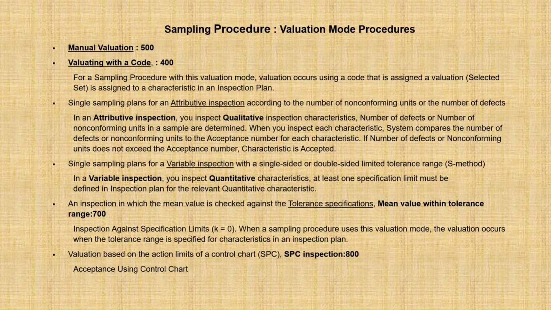There are different valuation procedures which can be used, like the manual valuation, valuation with the codes, or valuation for the SPC, variable inspection. So if my MIC is single result recording, then the valuation will be different. And if it is a summarized recording, and if it is measurable MIC, then we have to select this mean value with tolerance range.